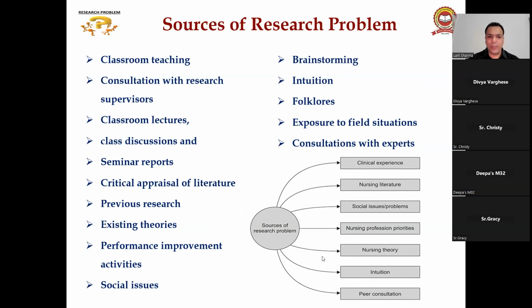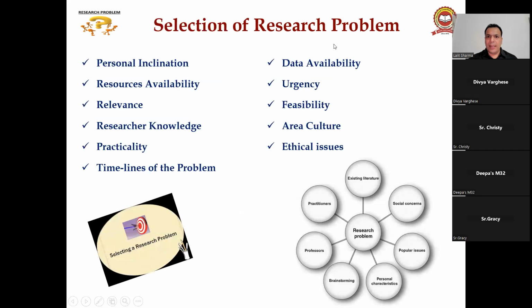Any social issue too. These are the sources of research problems. Next we talk about the selection of research problem.